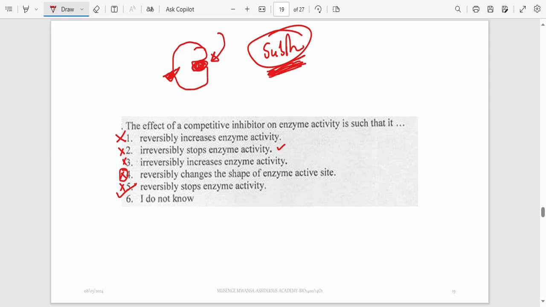But remember, I want the best option. So the best option is 5. That is because most of those things that come into the active site, you can overcome them if you increase the substrate. Because before the inhibitor comes to bind here, if you have a lot of substrate, it will go there and prevent the inhibitor from binding there. Otherwise, if it forms strong covalent bonds, it binds there, and the process becomes irreversible. Does that make sense?